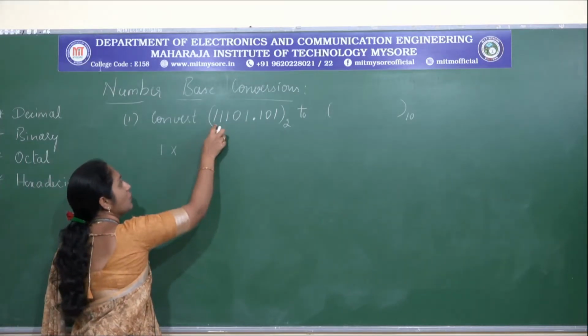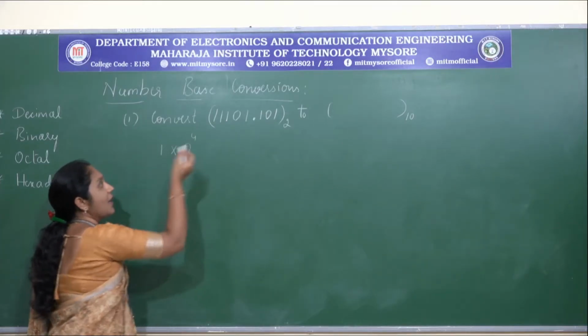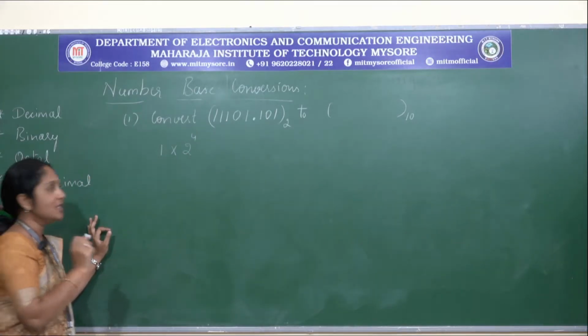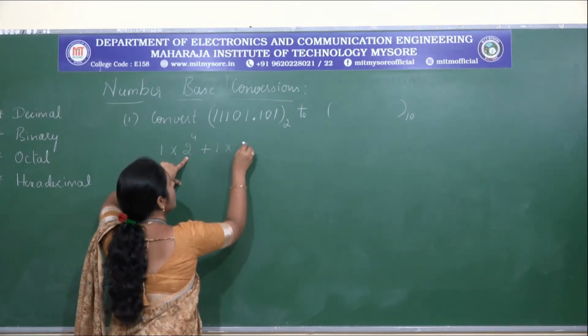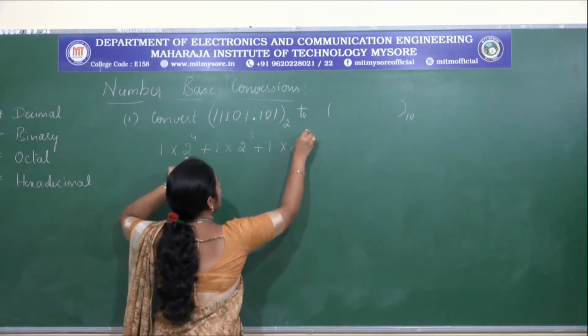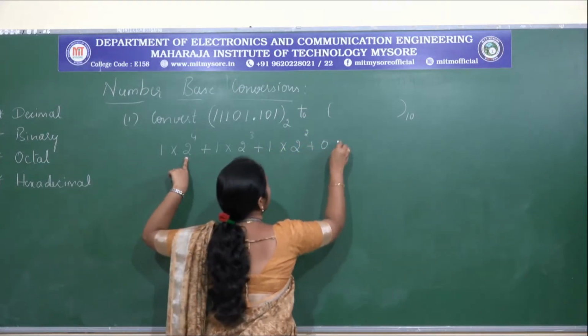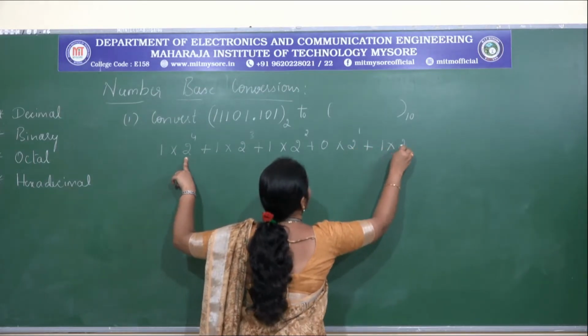Therefore, for the first bit 1, I am considering 2 power 4 because I have 5 digits. 1 into 2 power 4 plus 1 into 2 power 3 plus 1 into 2 power 2 plus 0 into 2 power 1 plus 1 into 2 power 0.